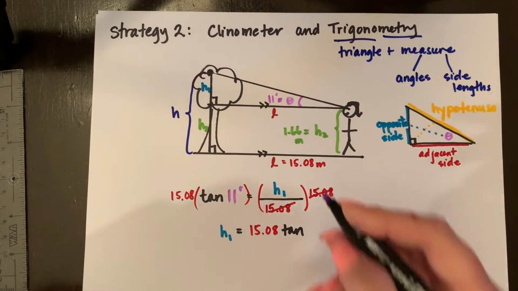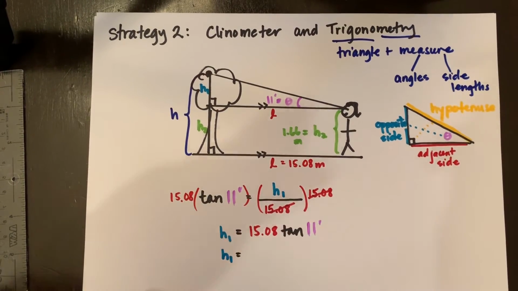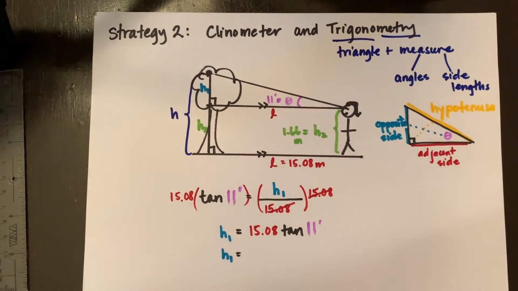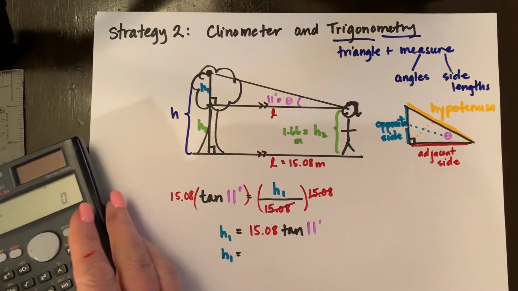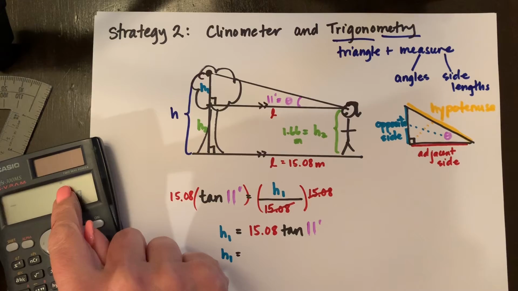And so we can just input that into our calculator. Make sure that you have a scientific calculator and that the setting of that calculator is on degrees. So looking at my calculator, see that little tiny D? I don't know if you could see that on my calculator. That tells me I'm in degrees.